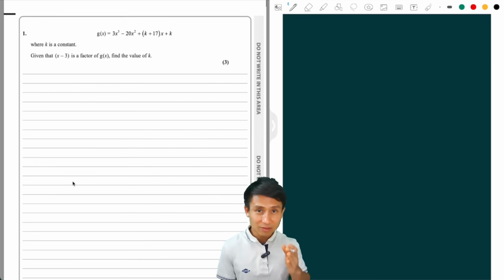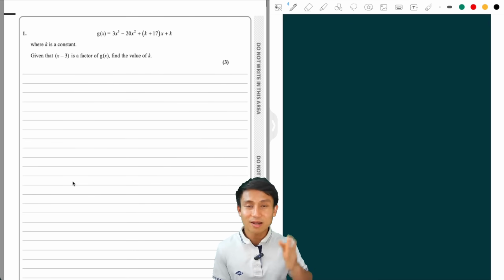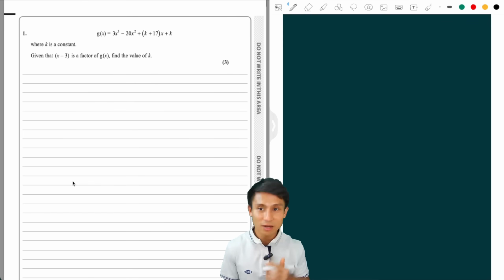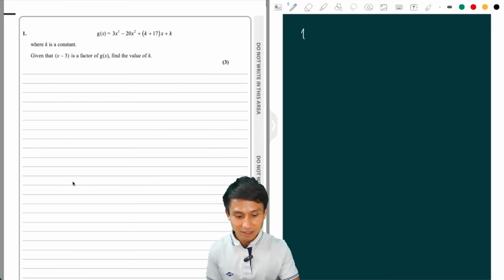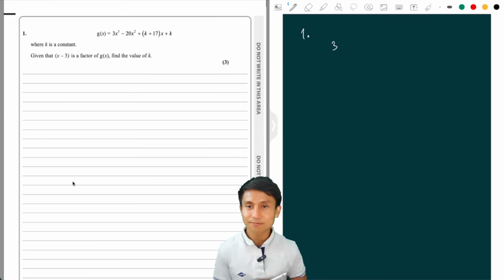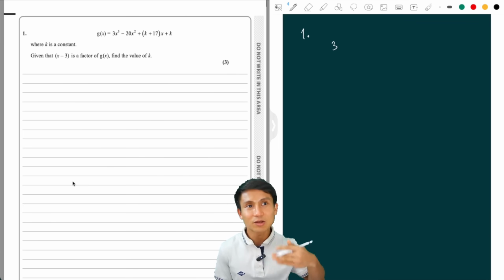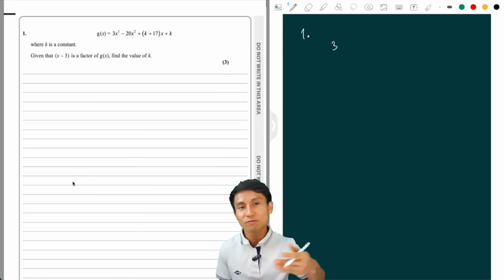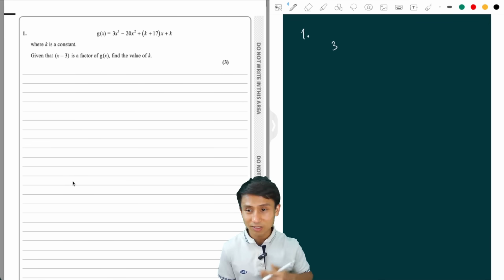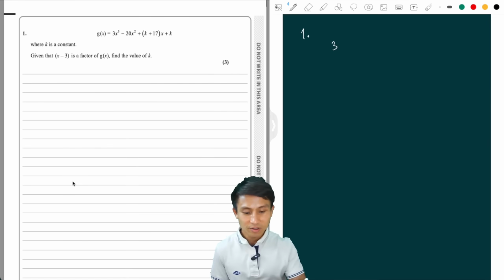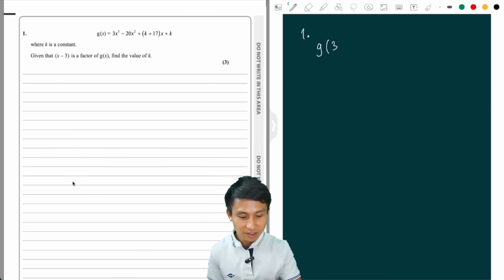From the factor theorem, when we are given a linear factor, we can substitute the critical value into the function. In this case, the critical value is 3, because it is the value such that when you substitute into x minus 3, it becomes 0. So we're going to sub this into the g(x) function.